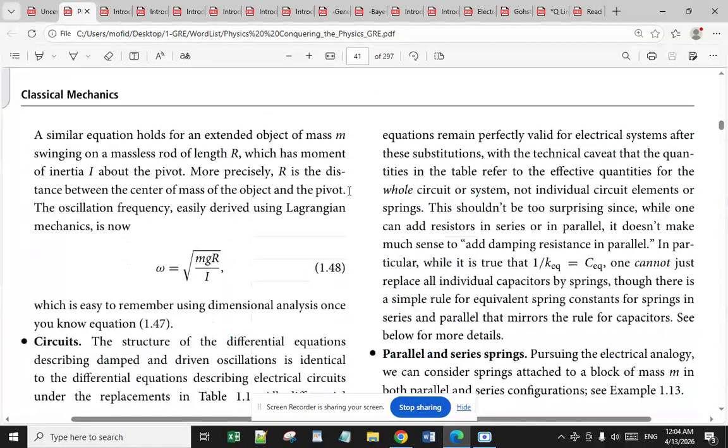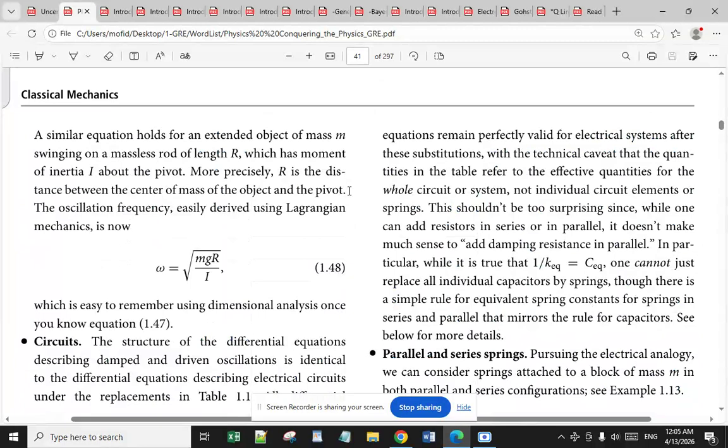A similar equation holds for an extended object of mass m swinging on a massless rod of length r which has moment of inertia I about the pivot. More precisely, r is the distance between the center of mass of the object and the pivot.